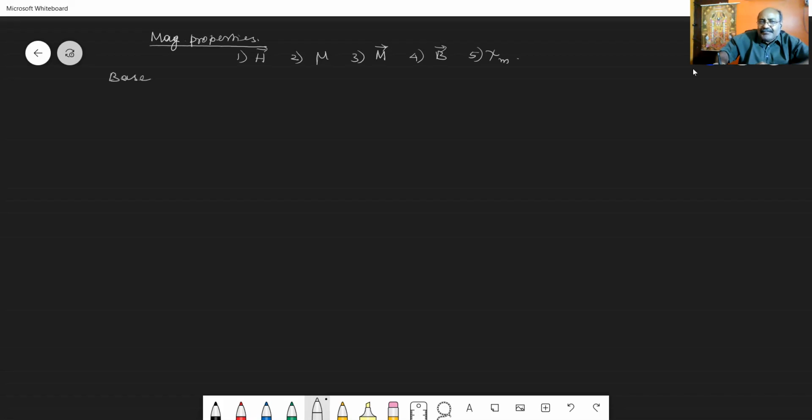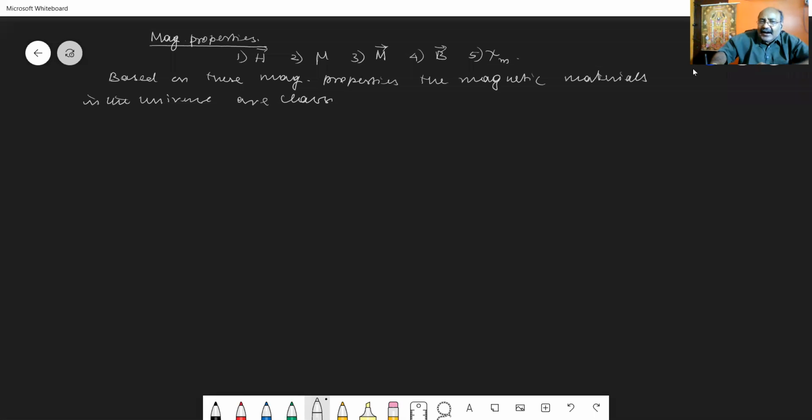Based on these magnetic properties, the magnetic materials available in this universe are classified under three broad categories.